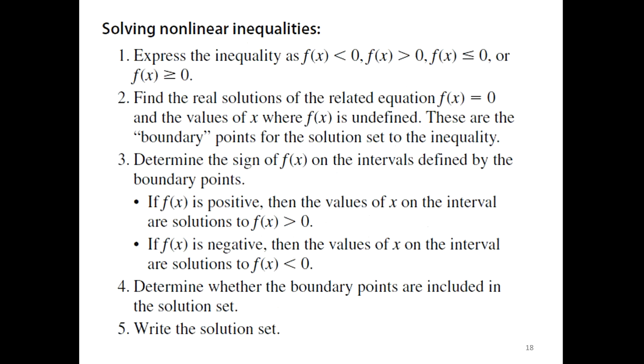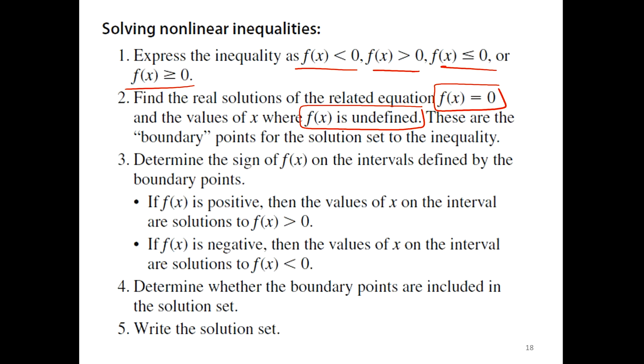Now, how can we solve an inequality in general, a polynomial inequality or a rational inequality? Firstly, we must put the inequality, less than, greater than, less than or equal, greater than or equal, compared to only 0. After that, find where f of x equals 0, or f of x is undefined.